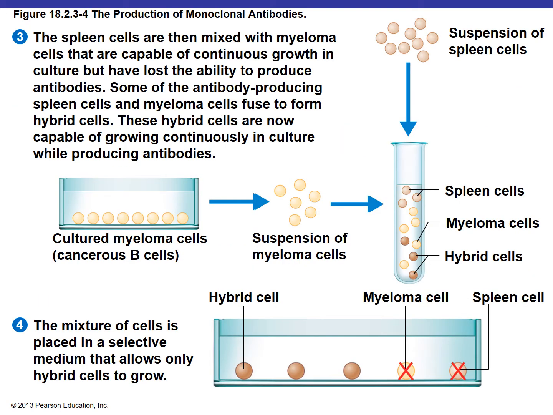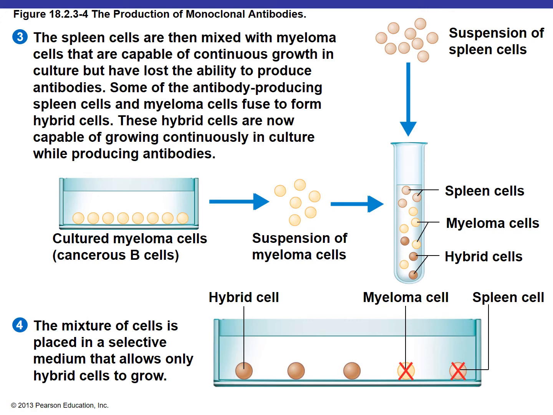And then you want to fuse those spleen cells to the myeloma cells, the cancer cells, so that you can make the immortal hybrid cell line, the hybridomas. So you mix those spleen cells with the myeloma cells, and as a result, you're going to get some of these hybrid cells.